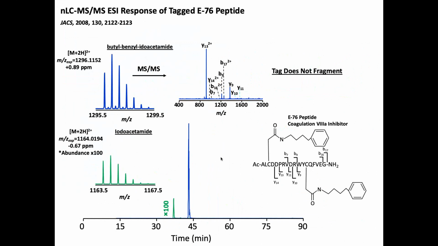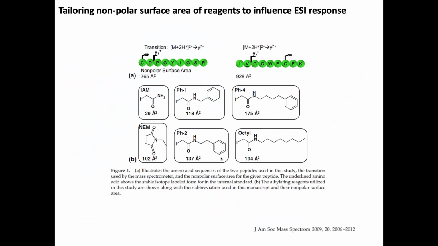So derivatization is a big part of what we'll end up doing here with this new system in glycosciences. This is just the data that shows it for peptides, but it all plays a role in carbohydrates.